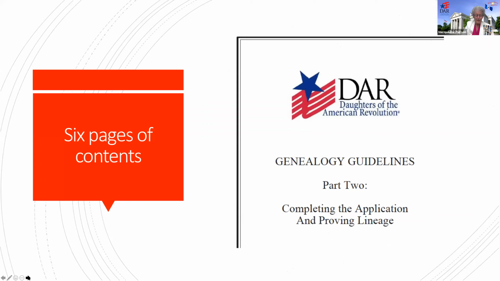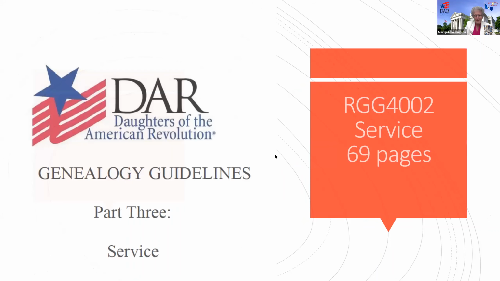If she's member at large, she doesn't have a registrar. And I actually asked the question, and Sarah Supel answered me and told me what page it was on, because I couldn't find it. And it's the state regent, in case all of you want to know that. And since some state regents are not genealogists, I recommend that the registrar send it to me and I'd review it before it went to Cecile.